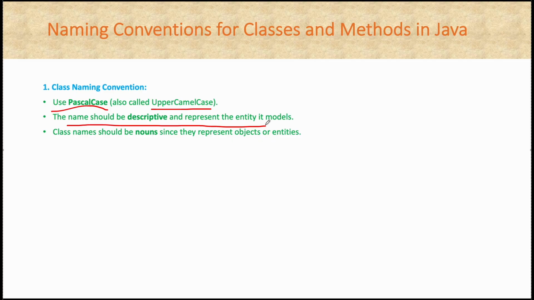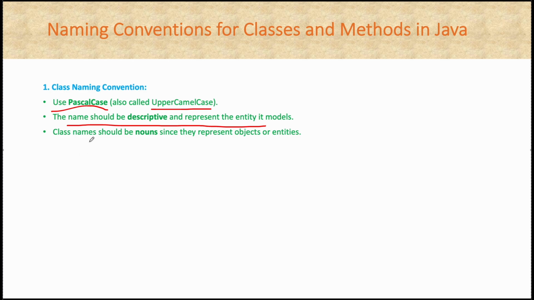You cannot just put any name in there. You cannot put Triangle. Though these are valid, other programmers will not understand what this class is going to do before looking into the code. So you define the class name in a way that by only seeing the name, most programmers will understand what it is going to do.